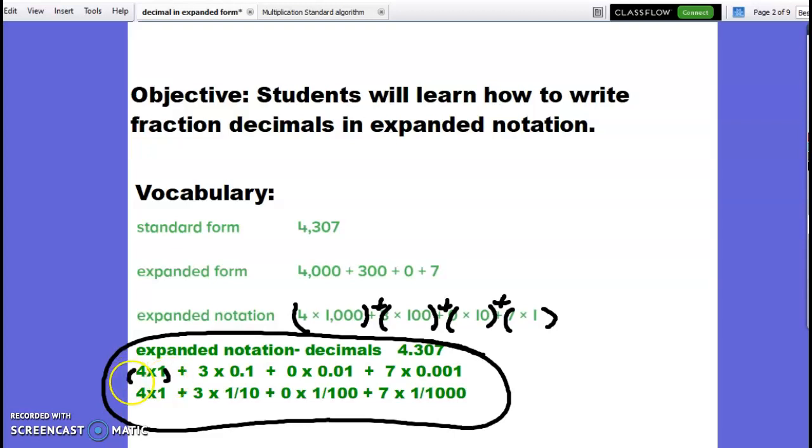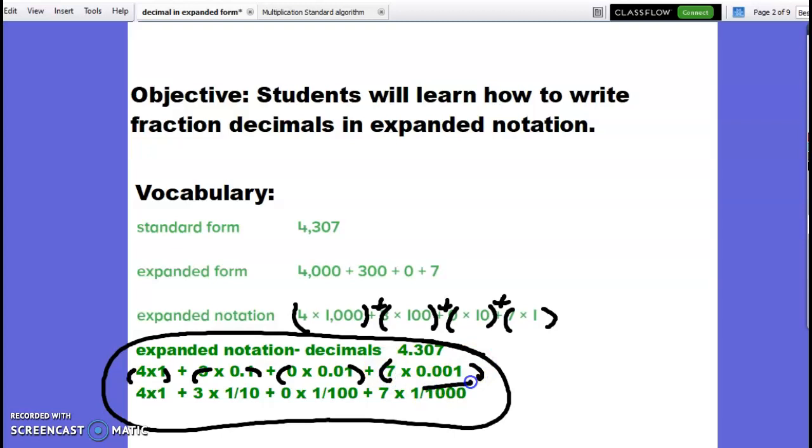If you want to put the parentheses, it would go there, plus 3 sets of tenths, or 3 times 1/10, plus 0 sets of 1/100th, so there are no hundredths, so it would be a 0, because anything times 0 gives you 0, plus 7 times 1/1000th.